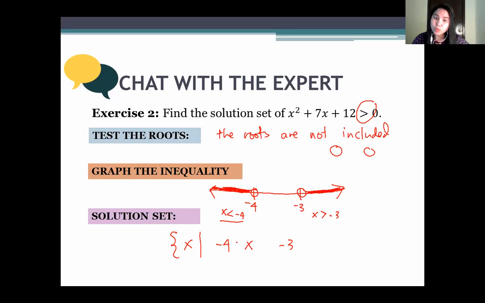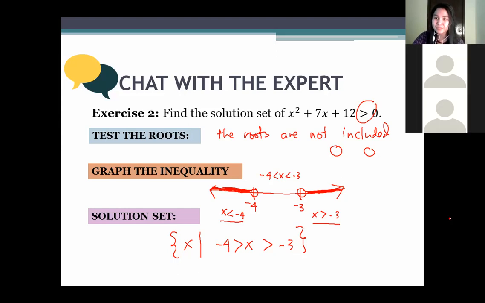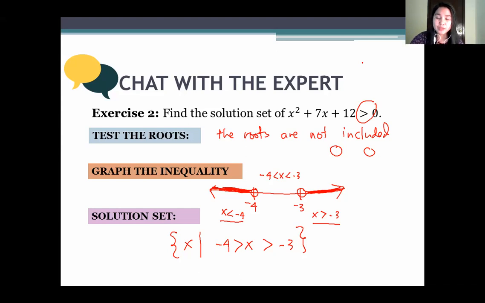It points to -4, so you open it there. In the next one, where does the mouth open? To x or to -3? To x, right? So this one. Because if you transfer it like this, it is the middle, not the ends. So this is now our solution set. Any questions? No questions? Let's go to the last one.